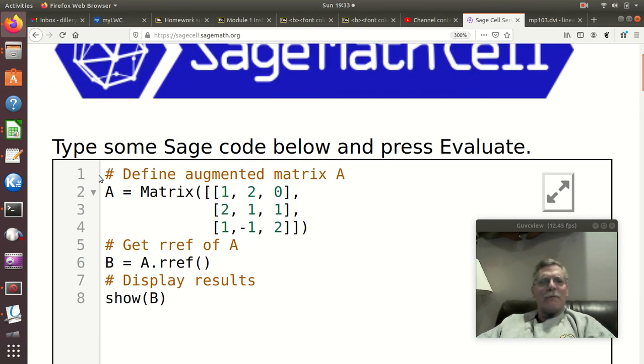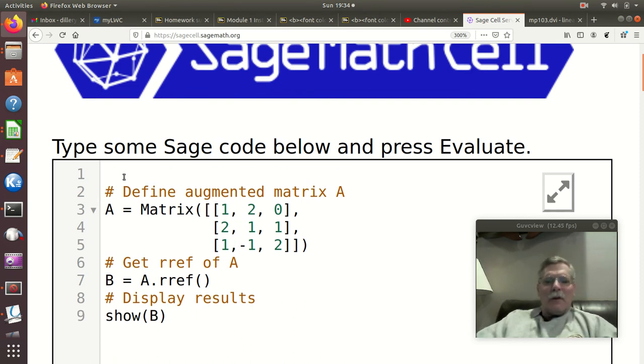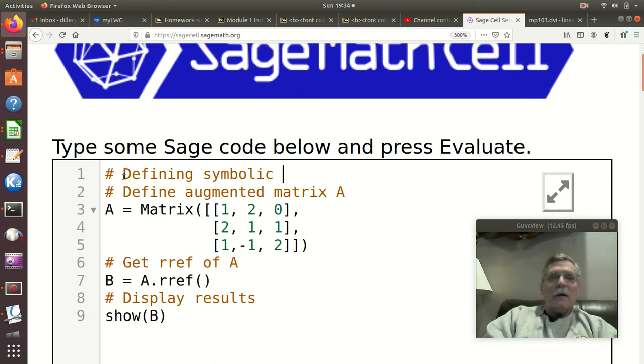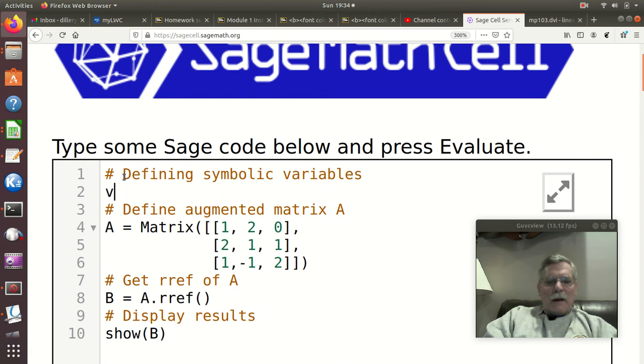And we can even go one further in that I can put symbolic variables in here. So I'm defining symbolic variables, and we do that just by saying var and a single quote and then an a. There's a symbolic thing called small a, and suppose I put a small a in here.